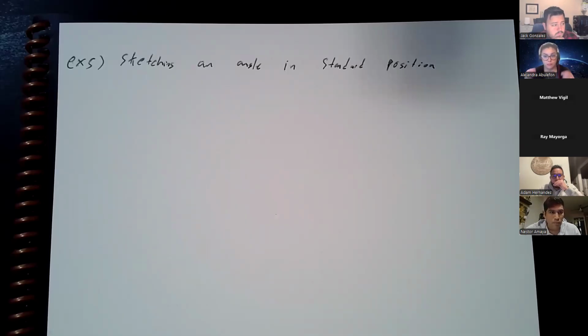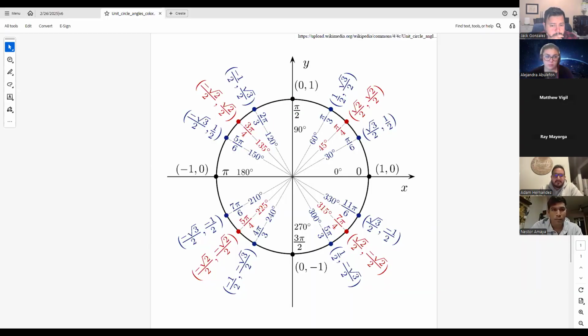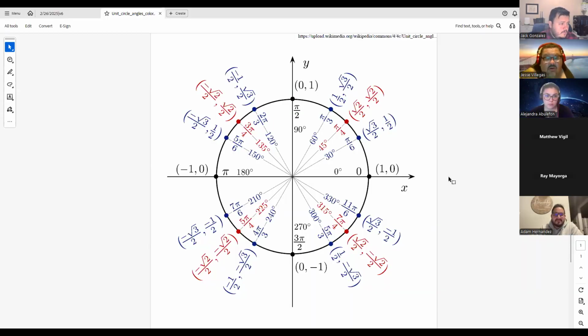All right, let me share my screen so you can see it, but also open it up so you can follow along with me. Okay, you'll see the circle. Yes, sir. All right, so we start at the beginning. Let me get my little marker here. Right here is the starting position.